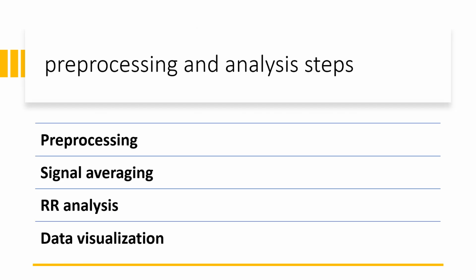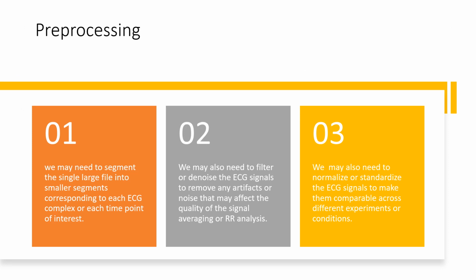Pre-processing and analysis steps: pre-processing, signal averaging, RR analysis, and data visualization. Pre-processing. 1. We may need to segment the single large file into smaller segments corresponding to each ECG complex or each time point of interest. 2.